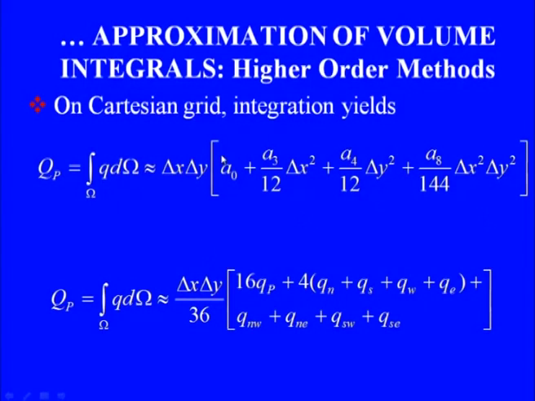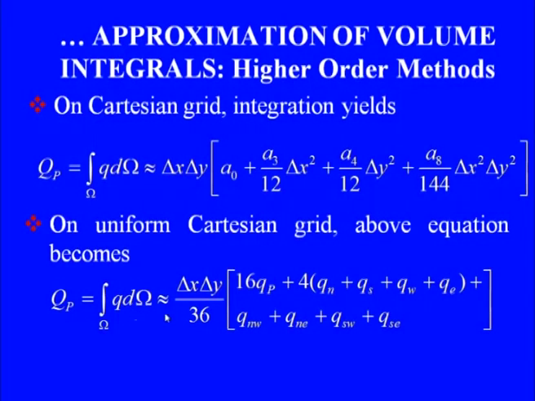On a Cartesian grid, if you perform the integration, you will get a simplified form that QP is given by delta x into delta y within brackets a0 plus a3 by 12 delta x square plus a4 by 12 delta y square plus a8 by 144 delta x square delta y square. And if we had a uniform Cartesian grid, the equation becomes even simpler.